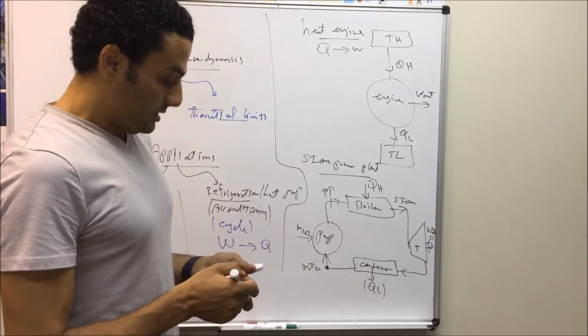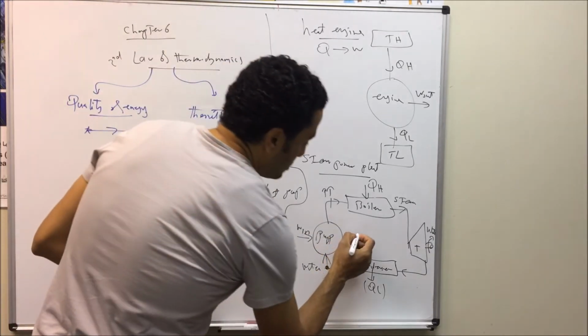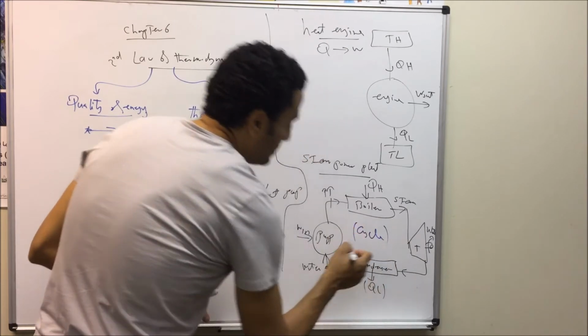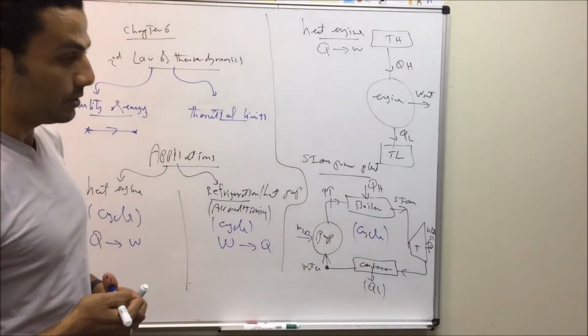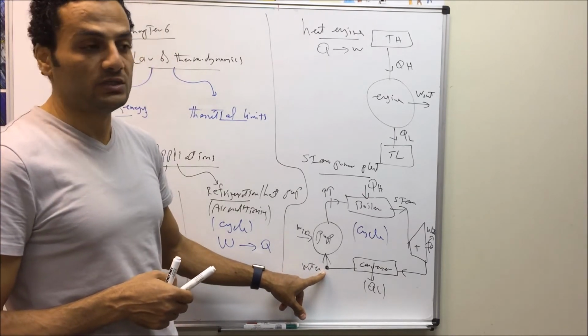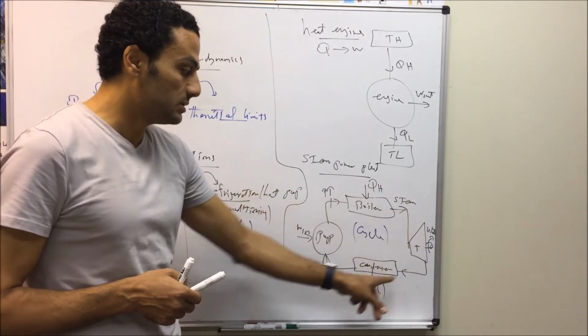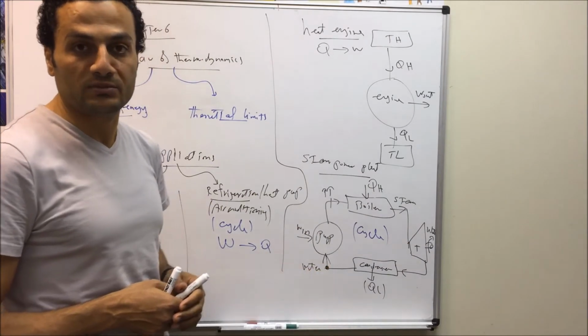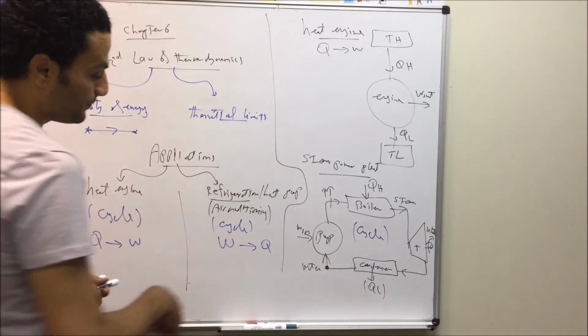But any heat engine, to generate continuous work, should work on a cycle. Working on a cycle means we start from a given point, which is the inlet condition, do a series of processes and get back to the same initial point.